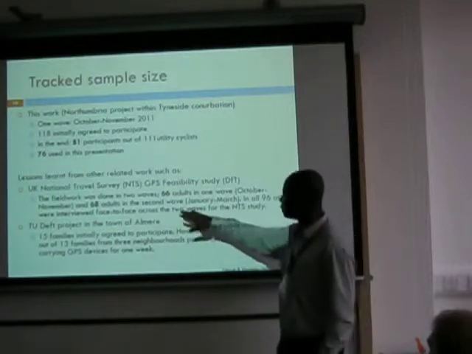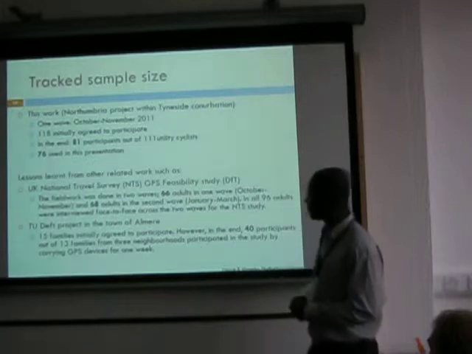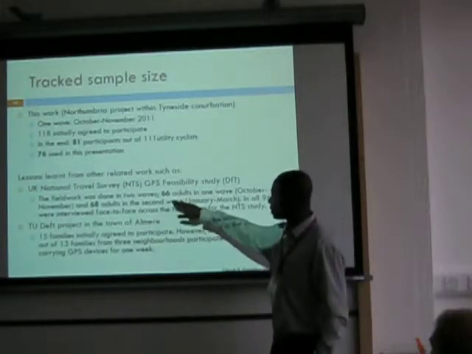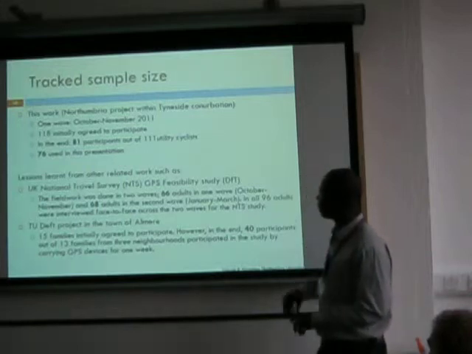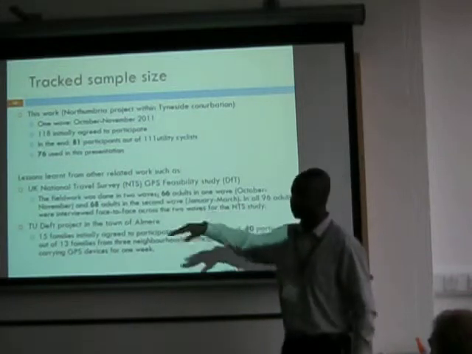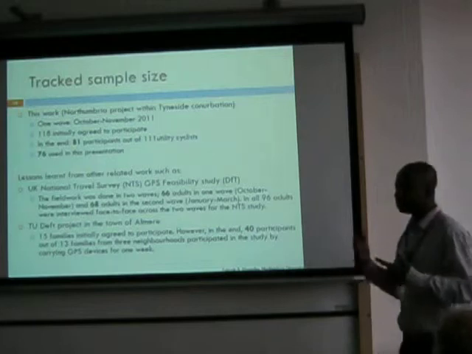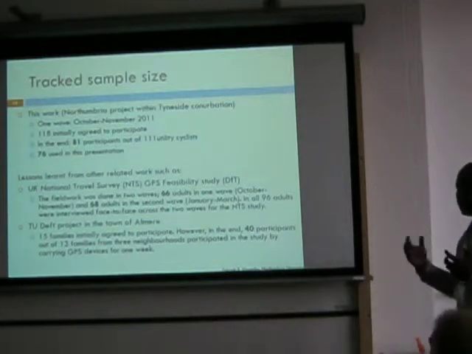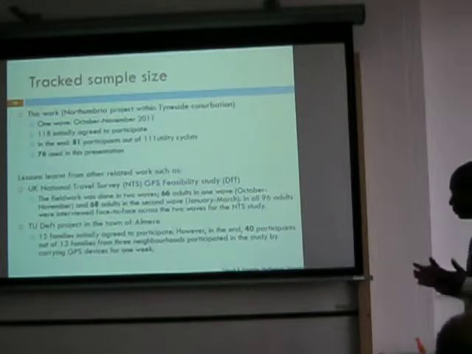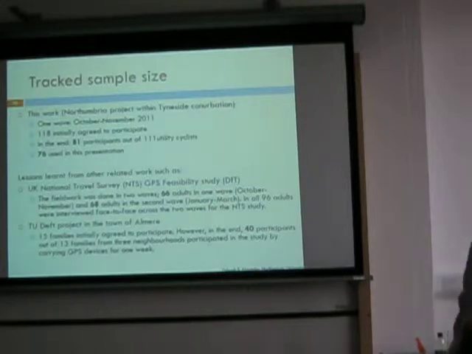For example, the Department of Transport GPS Disability Study covered about 66 adults in 1 week. That's October, November. That's exactly what I also did. But then because I've never done that before, you have to find a way to make sure it's feasible and applicable and considering the scope of the research itself.